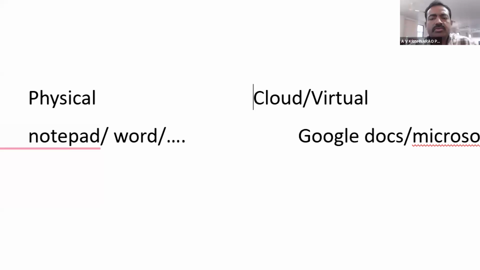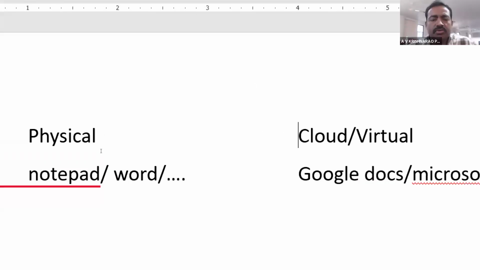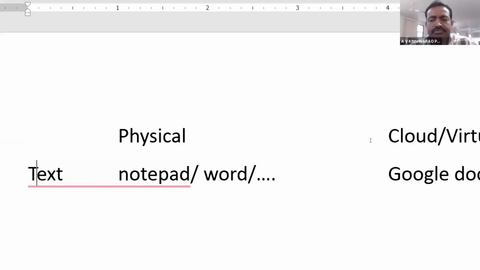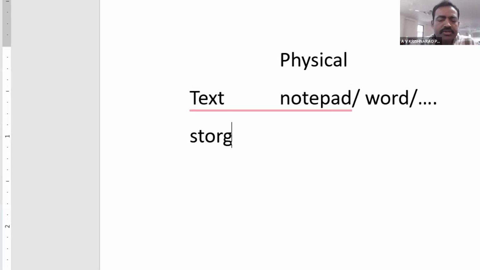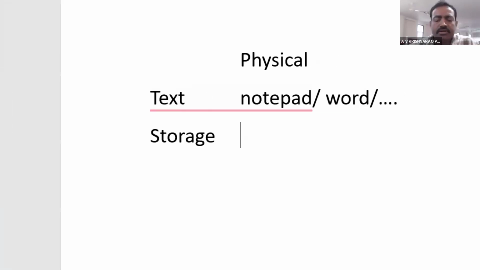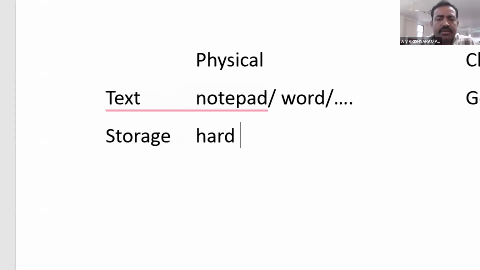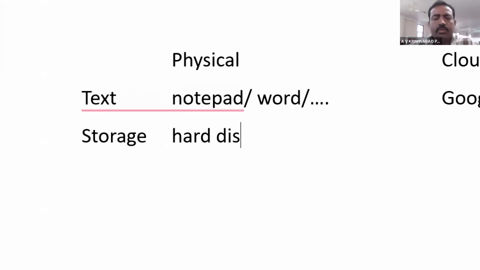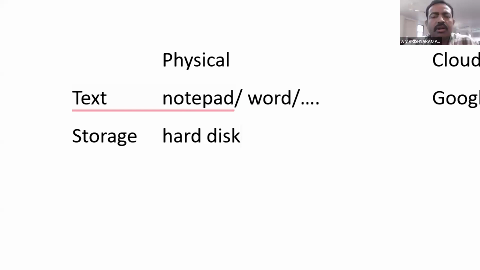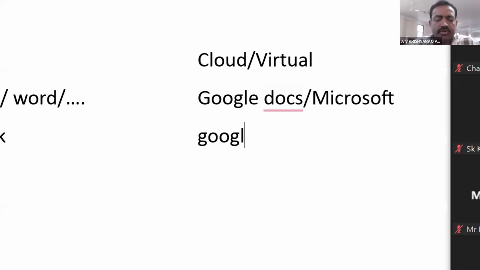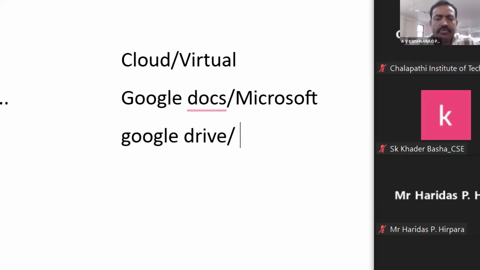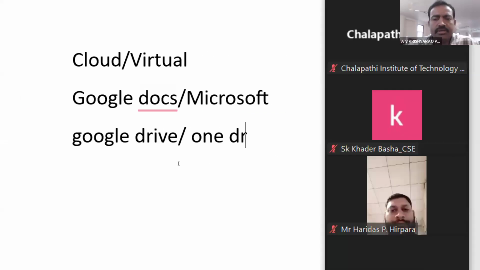In the same way, you might have used storage also. Instead of using your physical memory, the memory available in the computer, which is there in the hard disk, you might have used other services like Google Drive, OneDrive.